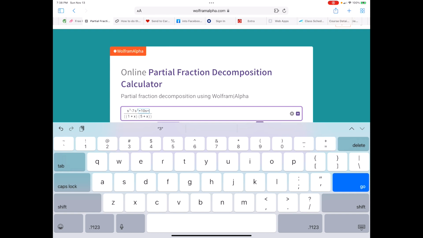Whoops. And then over, we have an s minus 4.